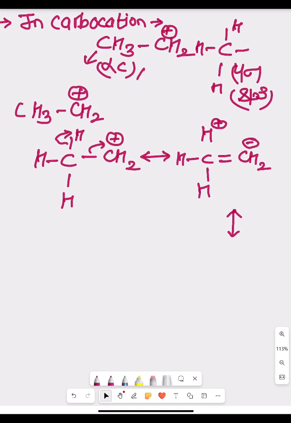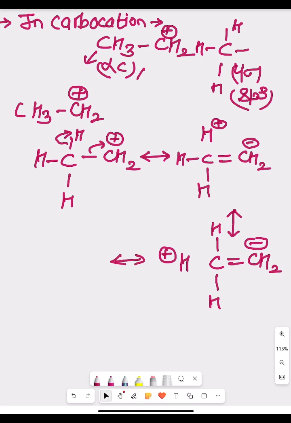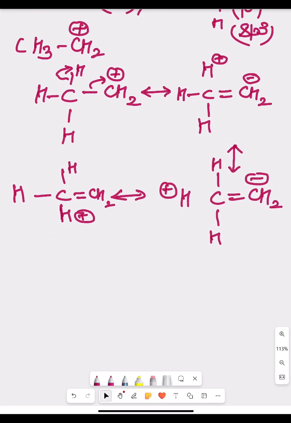This electron transfer stays here, but the other sigma electrons will keep getting delocalized. This is delocalization of the sigma electron, which we are explaining by hyperconjugation.